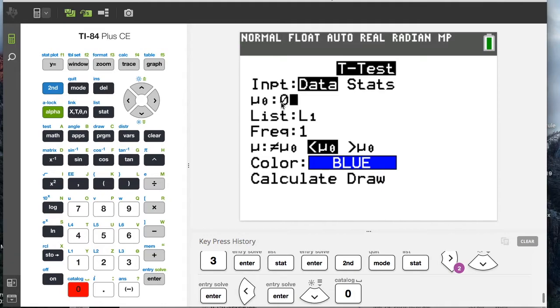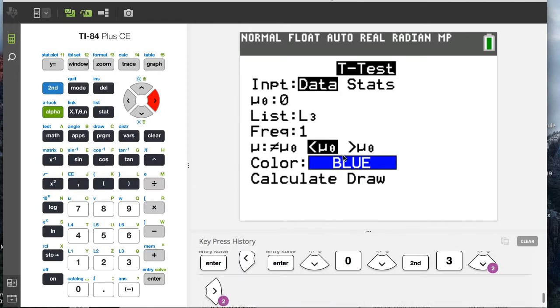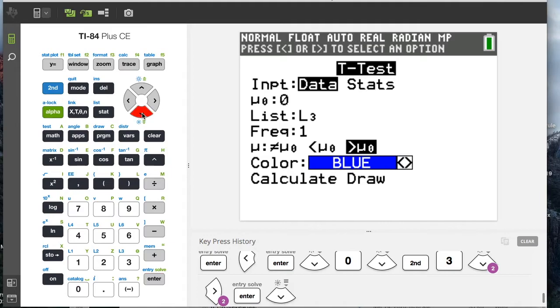So that's where that 0 comes into play. For the list, I need to tell it L3. Frequency, either have it be 1 or just leave it blank. And we had mu08 greater than mu09, so I need to highlight the greater than symbol and head down to calculate.